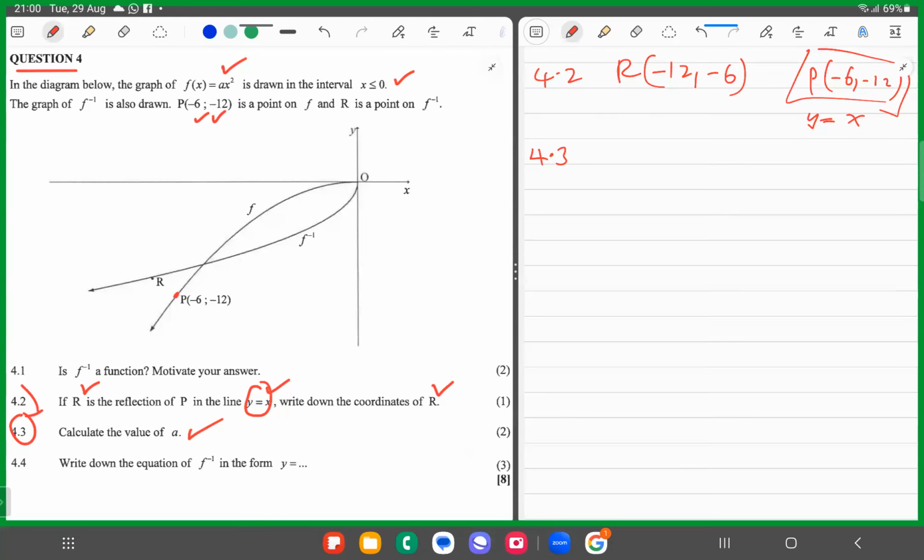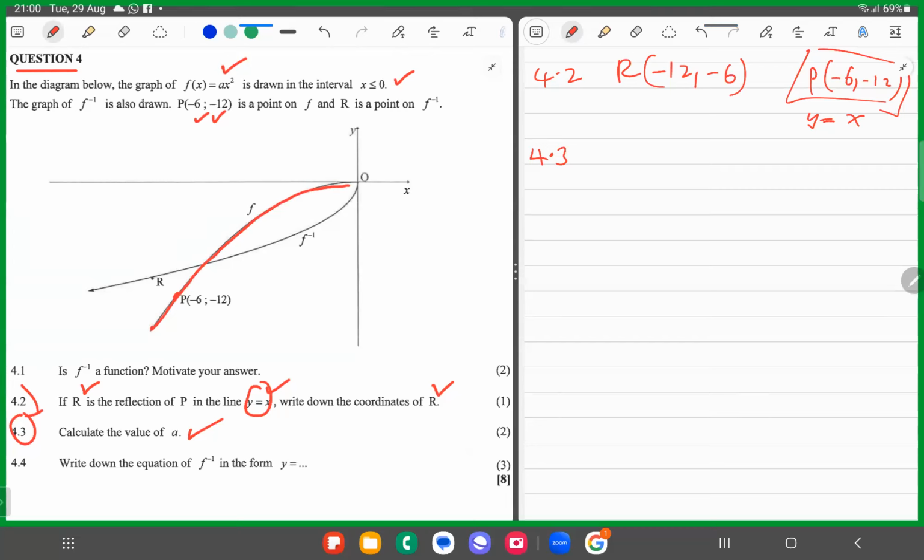The value of a can be obtained with ease because we have a point on f. We have a point on f because this is f, and then we have the point there. So you can use that point to find the value.